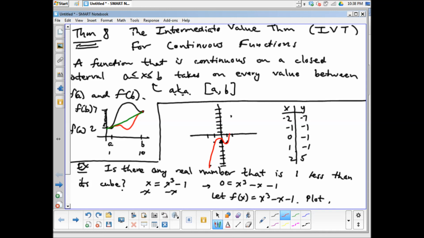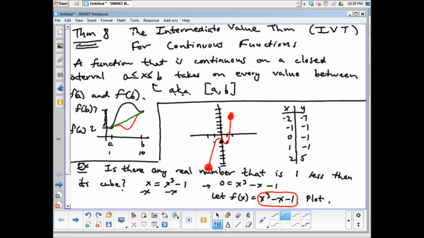See right there, I just crossed the x-axis in my attempts to go from this point here to this point here. So on this closed interval, we have a polynomial function. Polynomials are continuous. We said that if you're going from one point to another, you will be traversing every possible y value.